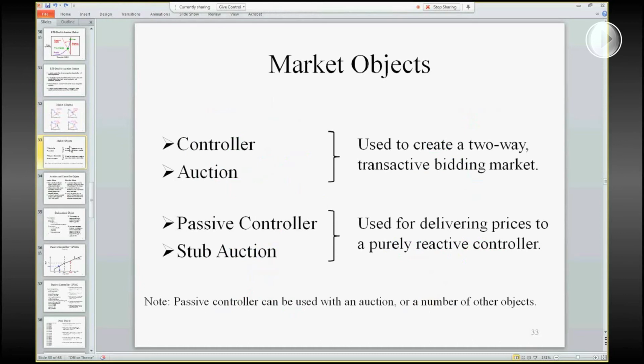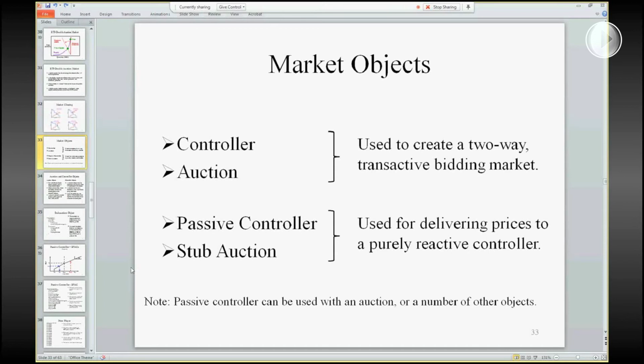So the way that we accomplish this in GridLab is we have two sets of objects in the market module. The first is what I'll call the auction-based. So these are auction and stub auction. And really what these are, they are kind of the centralized control device, for lack of a better term.